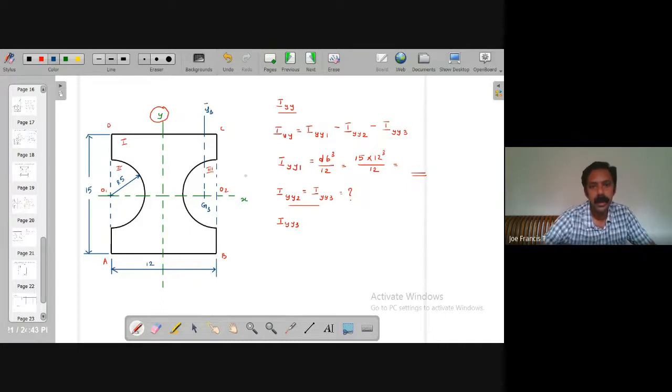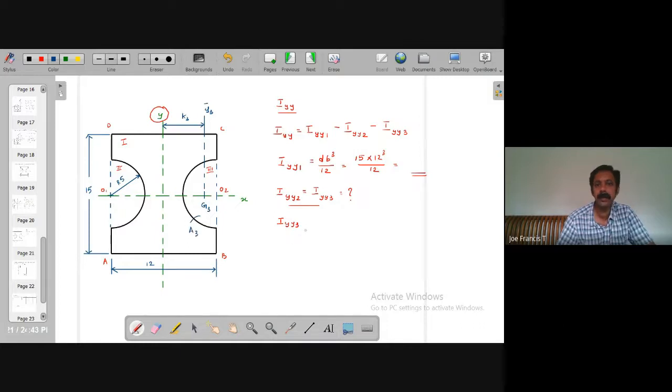Right? And suppose the distance between the two axes, this distance, is, say, K3. I'll put a name K3. Suppose this distance is K3 and the area is A3.